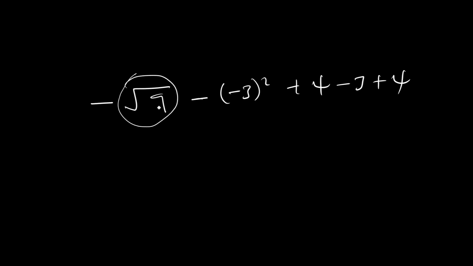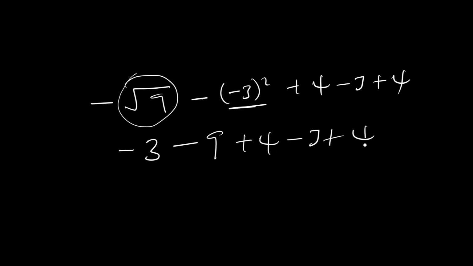Now the positive square root of 9, its square root is 3. So negative times this, I'll be left with minus 3. Now this side is minus 3 all squared, so we have positive 9. So minus 9 plus 4 minus 3 plus 4.